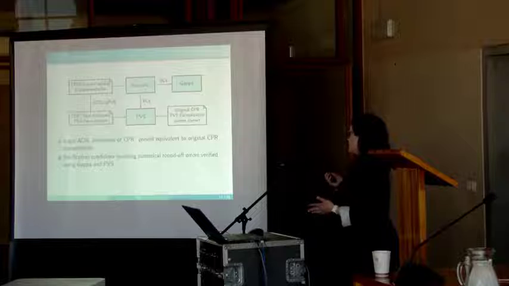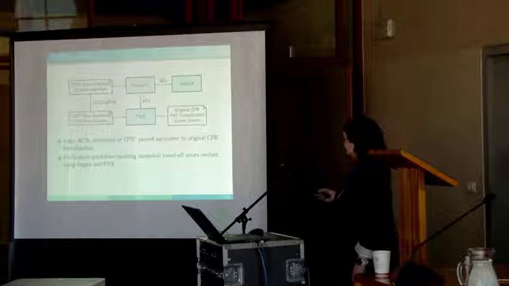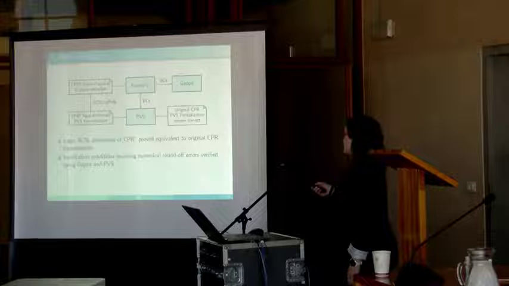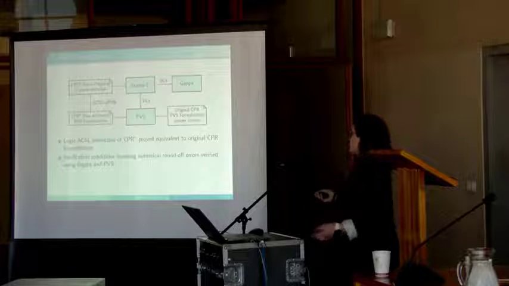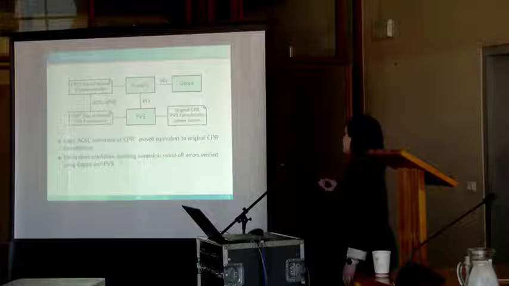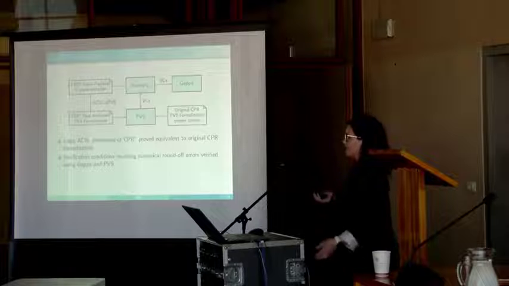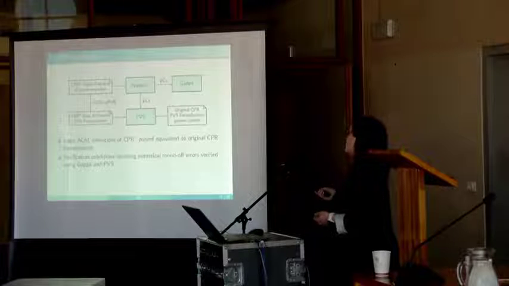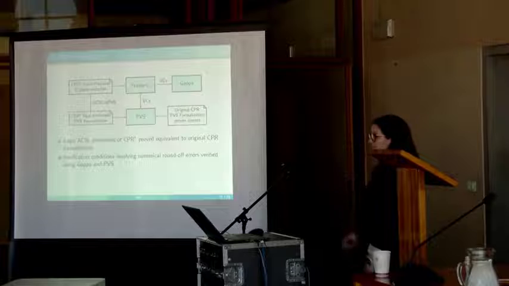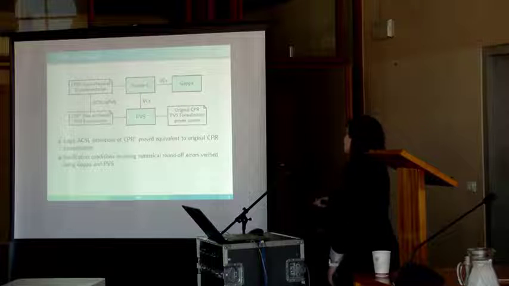And we discharged them. Another thing that we did is that we had to prove that this simplified version was actually equivalent to the original CPR included in the standard. And we did it by hand with PVS, proving with the interactive theorem prover.